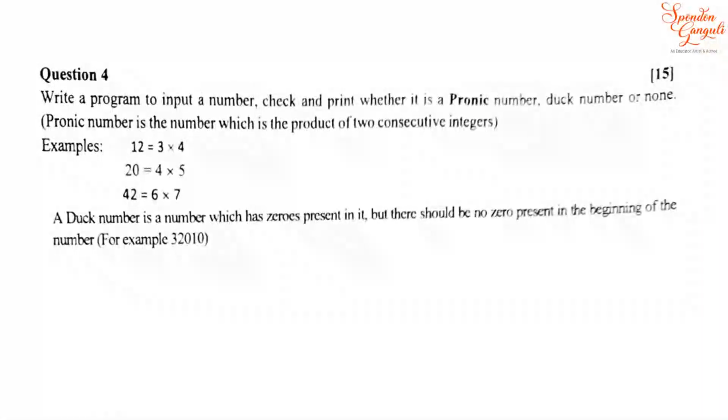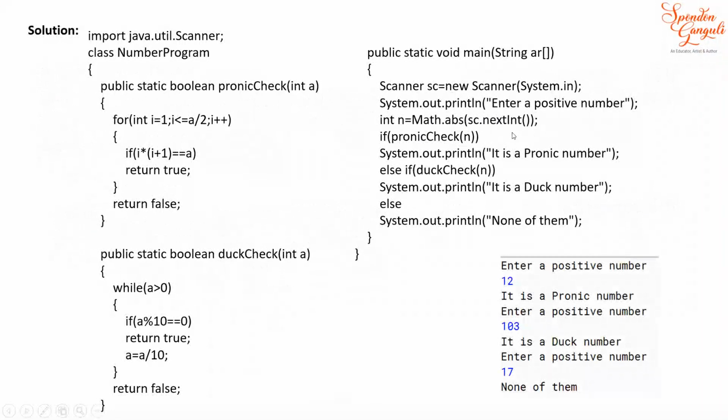Let us see the solution. So here, class NumberProgram, I have made two static methods, both returning boolean. Public static boolean pronicCheck, which will check the integer a as a pronic number or not and return true or false. And another one is public static boolean duckCheck, which will check a as a duck number and return true or false.